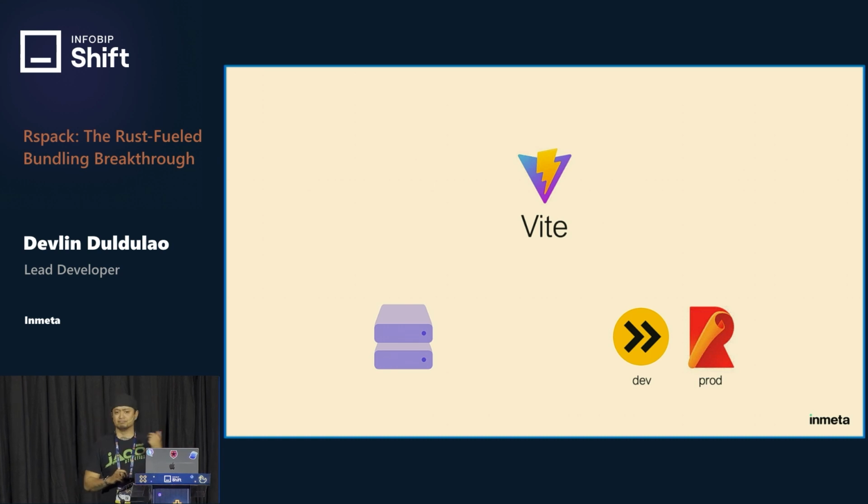Vite has been around for 3 years, I think, since 2019, 2020. Again, this is just an opinion from me. Choosing between TurboPack and Rspack, I wouldn't recommend it. I would go with Vite because it's battle tested, with a lot of support.